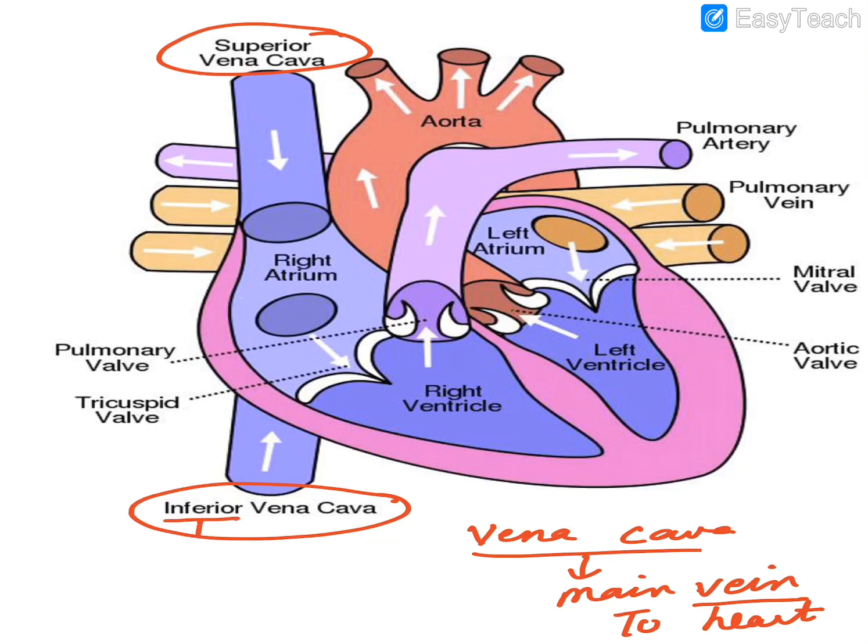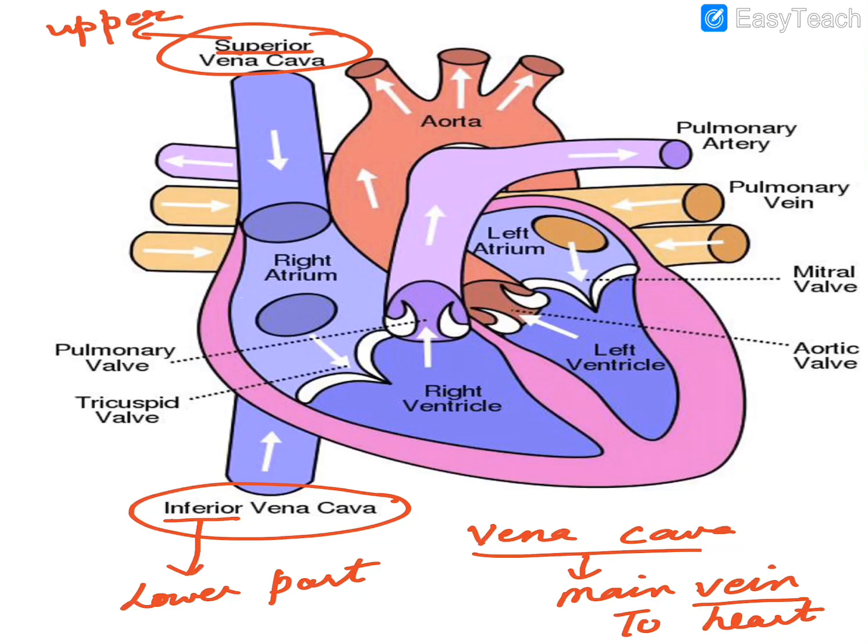The inferior is bringing blood from the lower part of the body, lower to the heart. Superior is bringing blood from the upper part of the body, the part that is present upper to the heart.